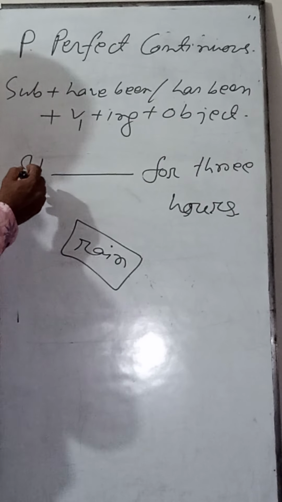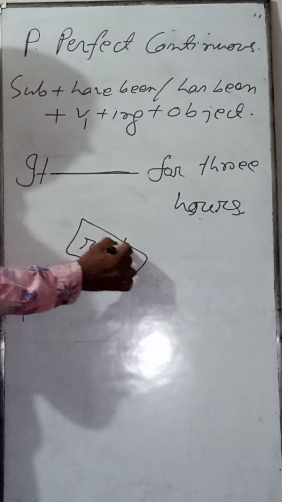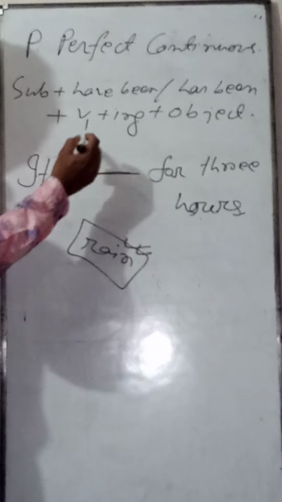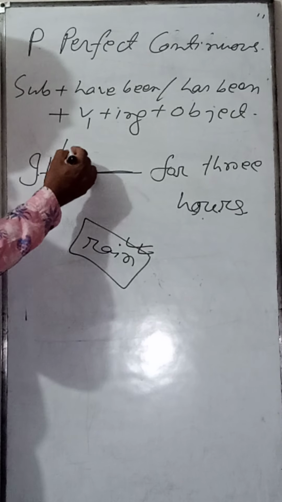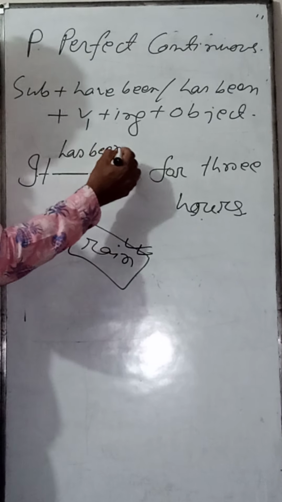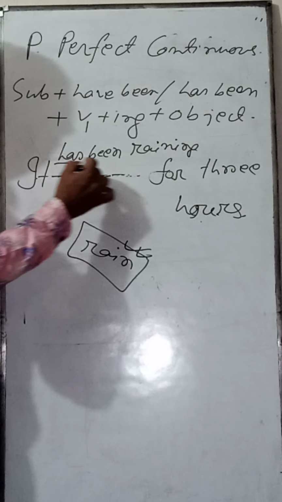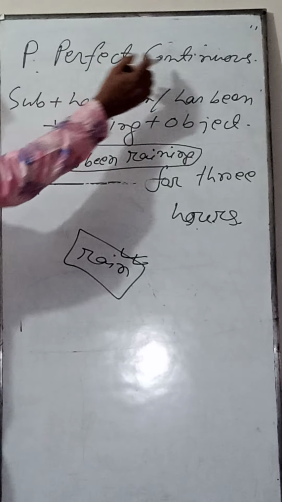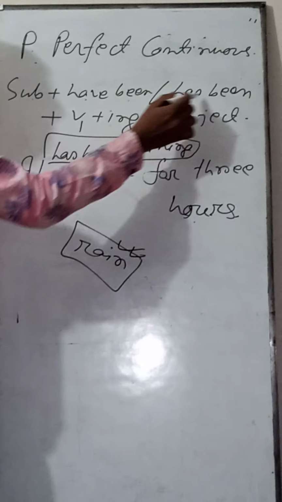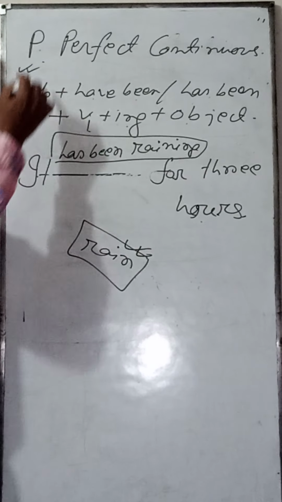Yes, if you find the verb rain, it will be present perfect continuous tense. You have to write it has been raining, because the structure of present perfect continuous is subject plus have been or has been and V1 plus ing plus object. You have to memorize this.